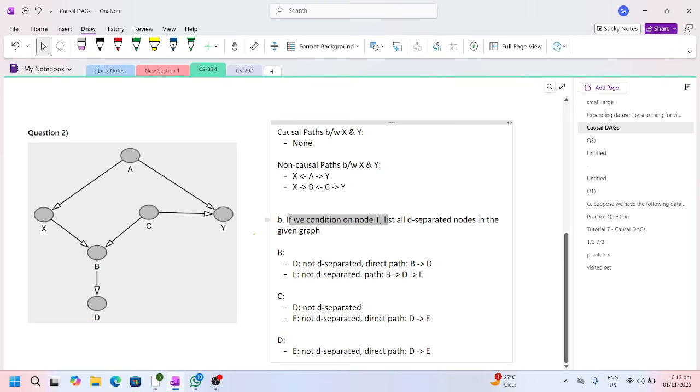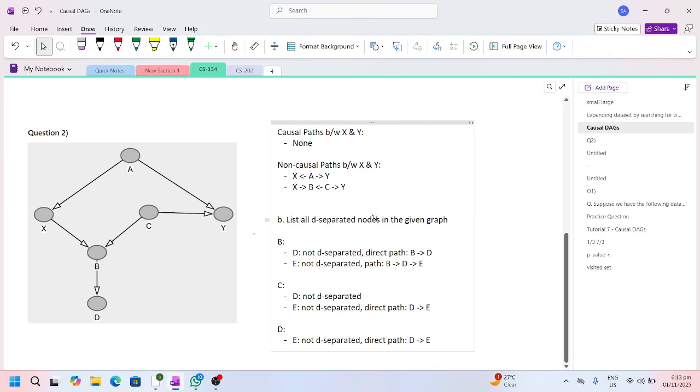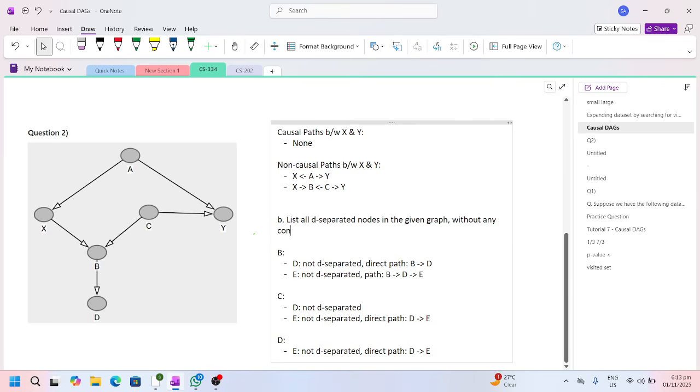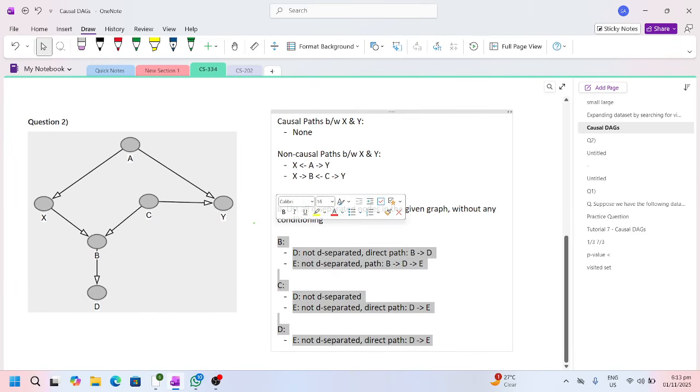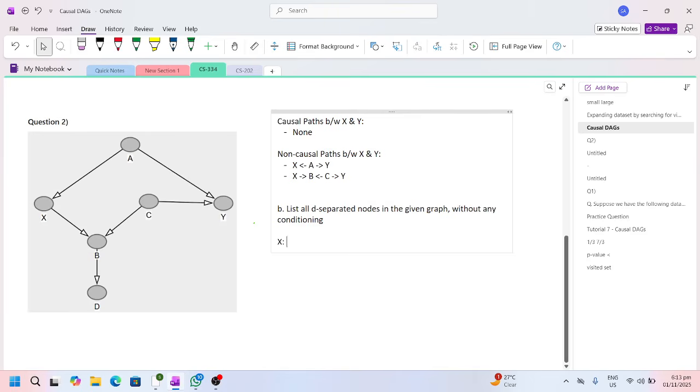So let's try and list all the d-separated nodes in the graph without any conditioning. Okay, perhaps let's start with X. And X के लिए we're gonna have to check A, B, C, D, and Y.